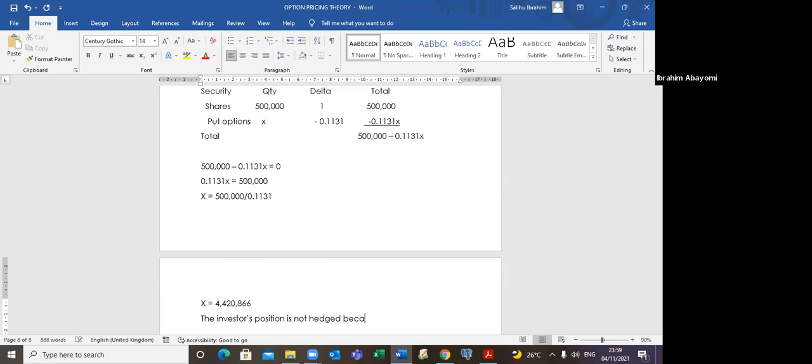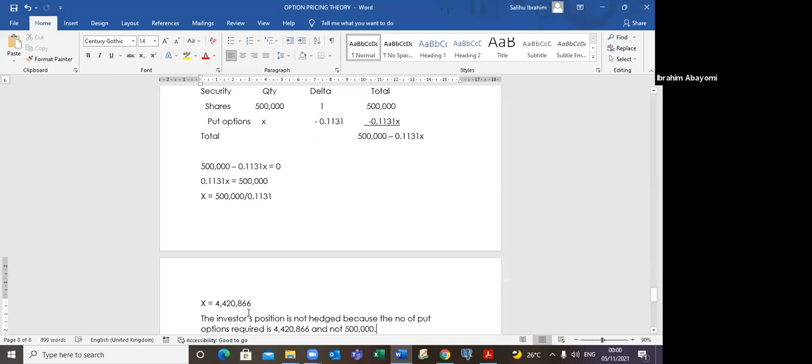It's not hedged because the number of put options required is 4,420,866 and not 500,000. So that's how you conclude on that.